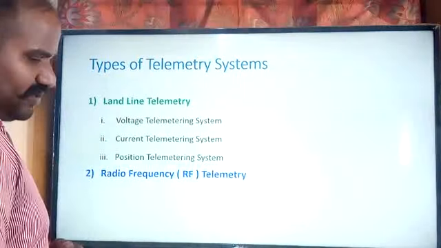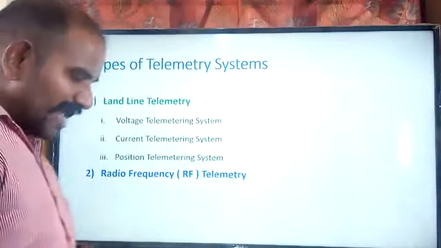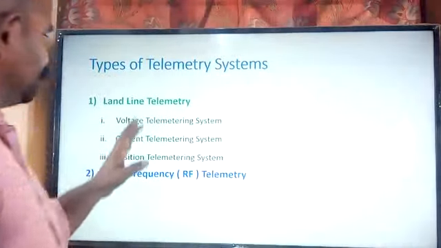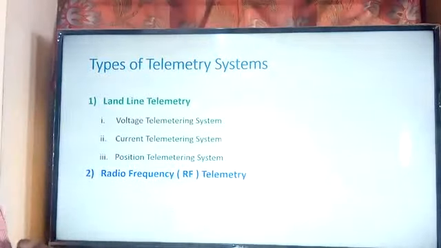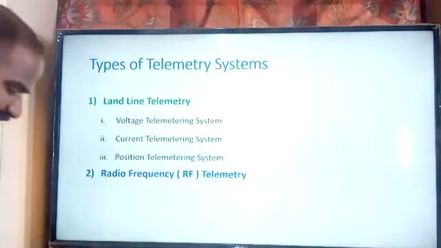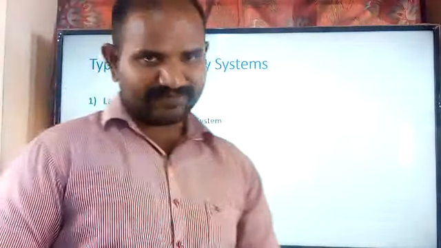Now, in the first case, we will go for the landline telemetry system. As you are seeing on the screen, the landline telemetry system is further divided into voltage telemetering system, current telemetering system, and position telemetering system. These are the classification of our landline telemetry system.